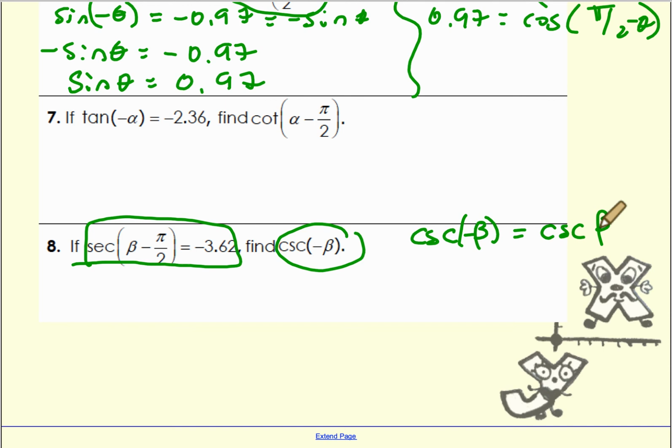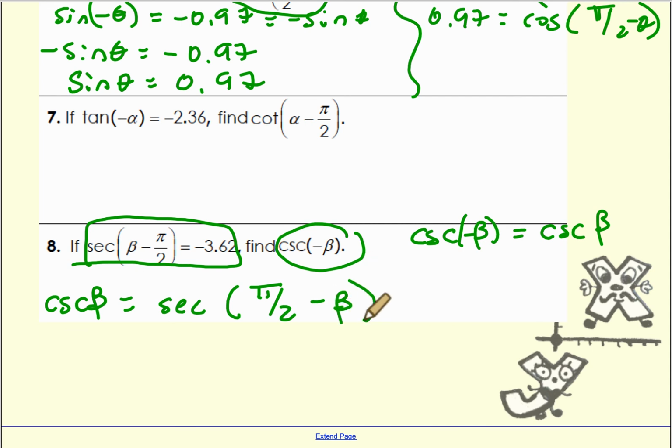Okay, and I also know from my cofunction identities that the cosecant of an angle is equal to the secant of pi over 2 minus beta.